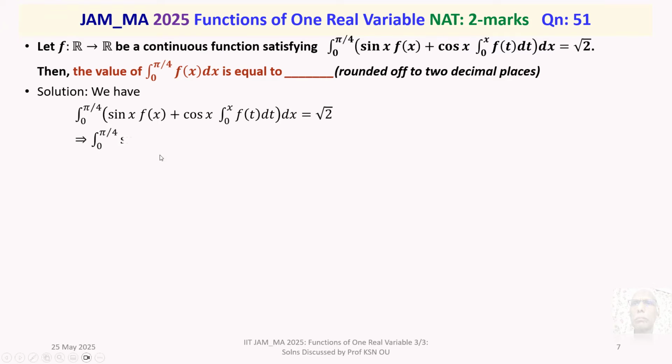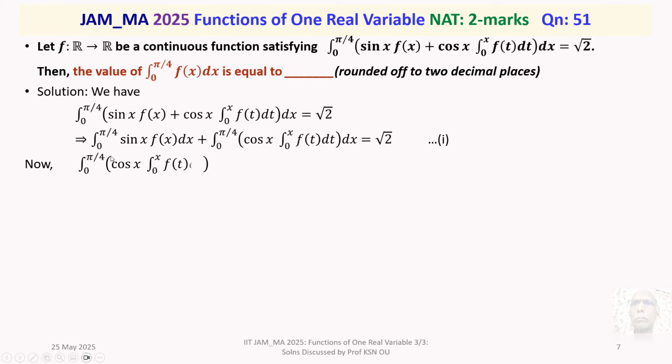This is an integral of the sum of 2 functions, which we will write as the sum of the integrals: integral 0 to pi by 4 of the first function, sin x f(x) dx, plus integral 0 to pi by 4 of the second one, cos x times integral 0 to x f(t) dt, with respect to x, is equal to root 2. Let's call this equation 1. Take this second integral, evaluate it, and then come back to equation 1.